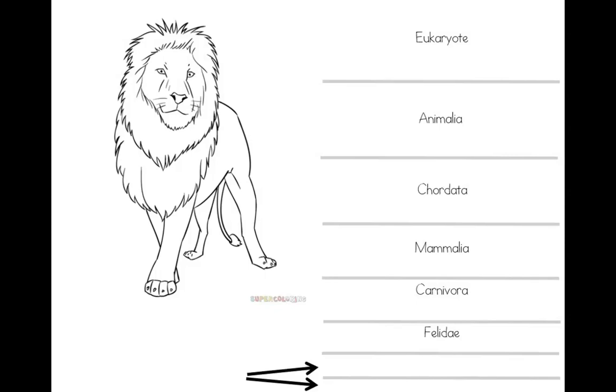So let's get started. Our first level of classification is going to be called the living things domain. Now, the domain is the most general of the levels of classification and includes the most organisms as a part of it. It's kind of like saying everything is a living thing, right?